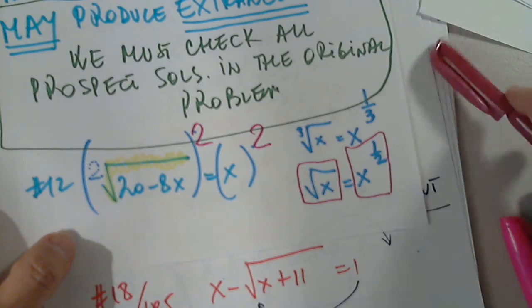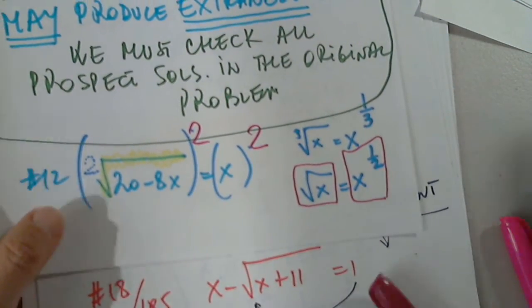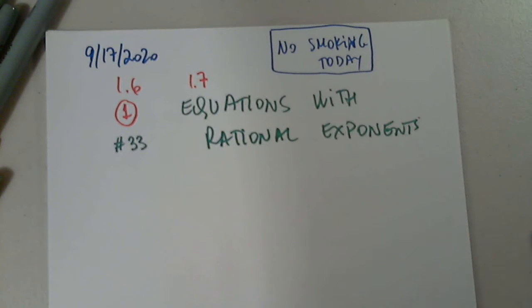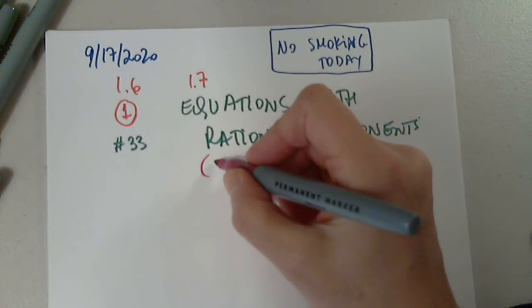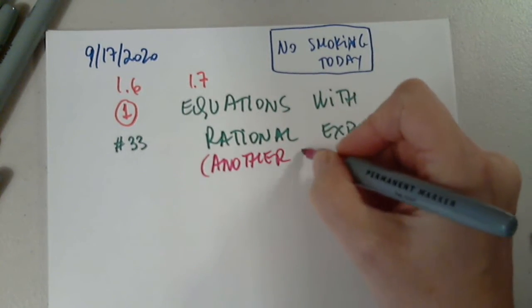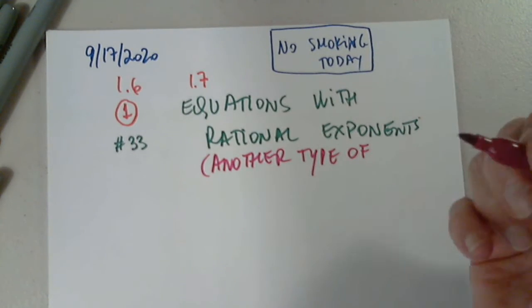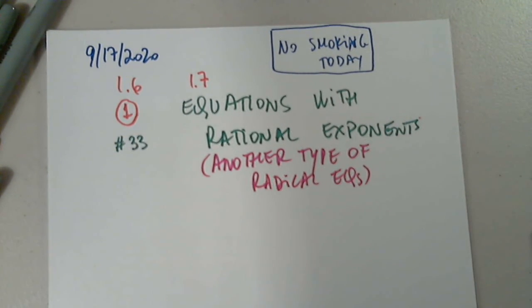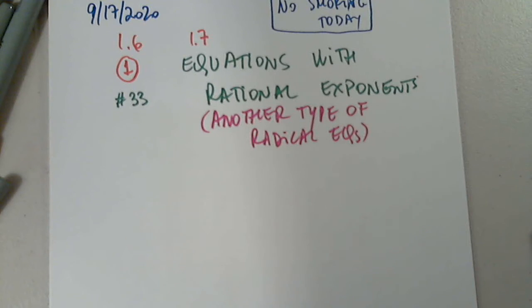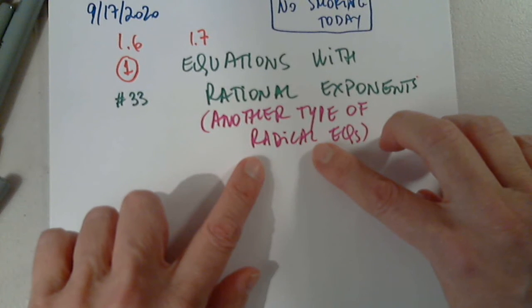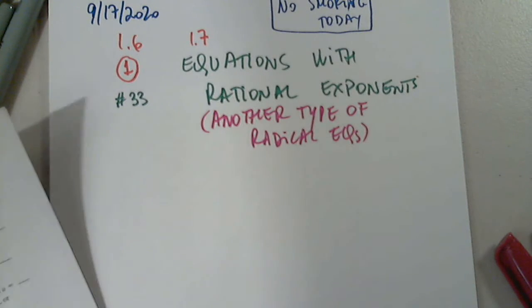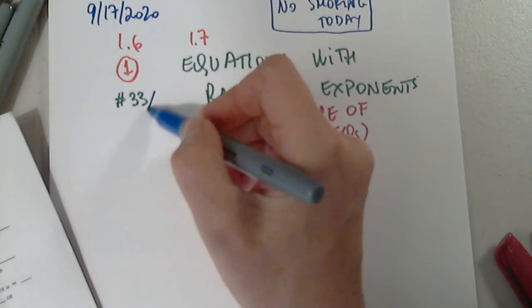So I would write in parentheses for you to remember that when we talk about rational exponents, I'm going to write another type of radical equations. So nothing to be afraid of, but they're somewhat different. Pretty similar with radicals, but we are not going to use the exact procedure that we used in plain radicals.